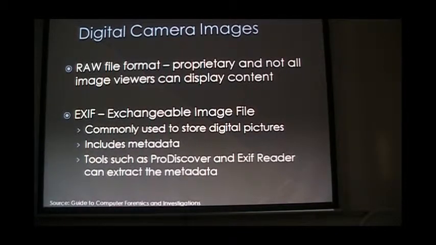If you have GPS on your camera, like on your phone, it'll tell you where you're at. So all that data is inside that actual image. And you can pull that data out with some tools like ProDiscover or EXIF Reader. So you can have the image from your camera, and you'll see all the metadata about that. Picasa from Google also does that. A lot of image readers do that now.